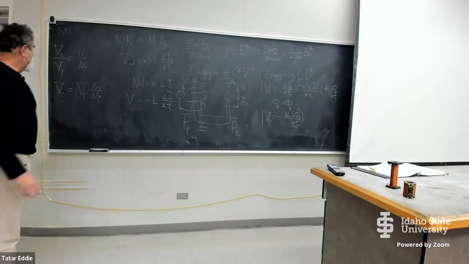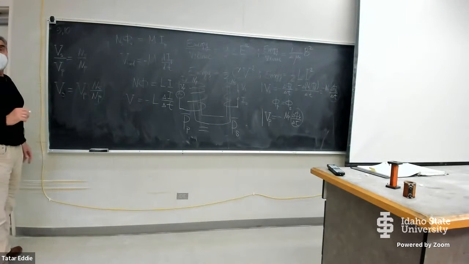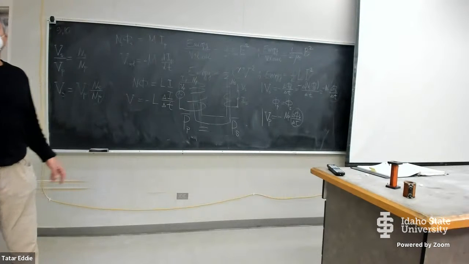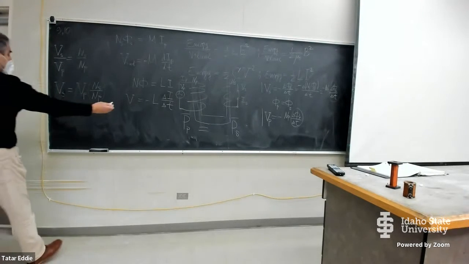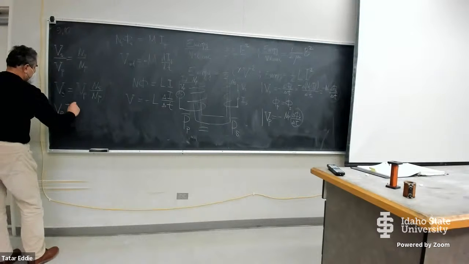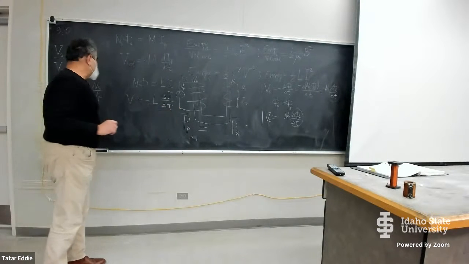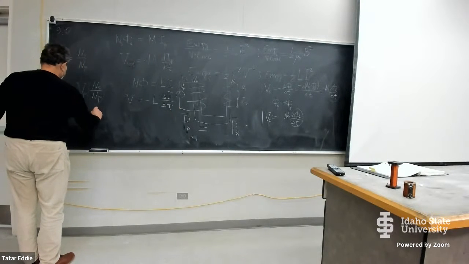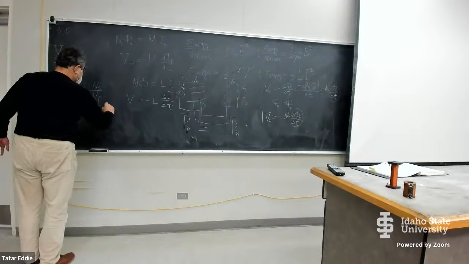Average power is a product of RMS voltage times RMS current. So average power in the primary is going to be voltage primary times current primary, while the average power in the secondary in a similar manner is going to be voltage secondary times current secondary.